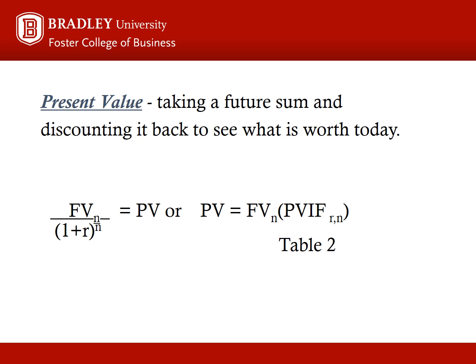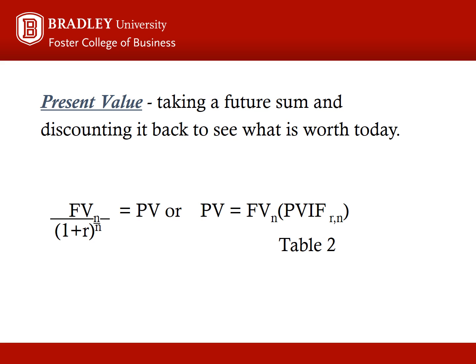So when you're computing future values, you're compounding by the interest rate, and when you're finding present value, you are discounting by the discount rate. And then again, here is the formula version for the calculator, or you can use the handout table 2, and you find your present value interest factor by going to the appropriate interest rate and then moving down the column to the appropriate number of years, and that will give you your interest factor, and you can just multiply.